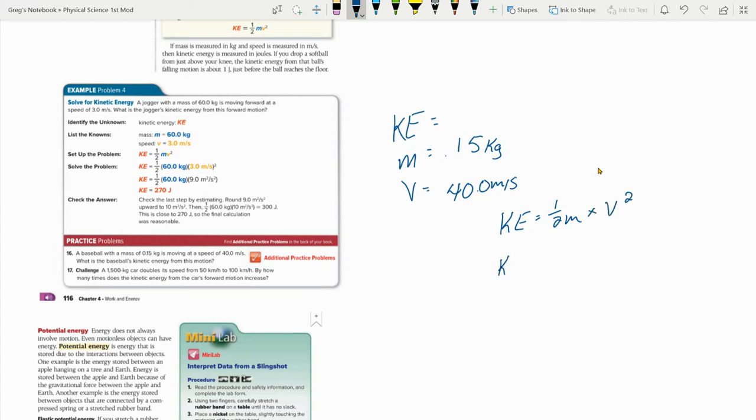So this would be kinetic energy equals 1/2 times 0.15, multiplied by 40 squared. There you go. That's the way you figure out kinetic energy.